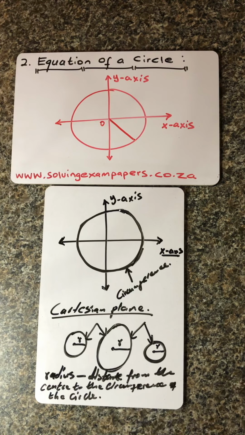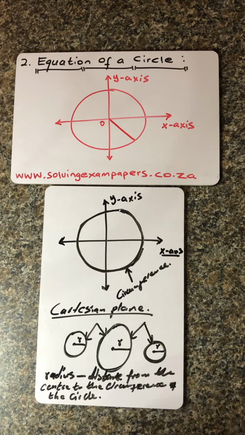It won't happen, but for your understanding, it's very much important that you understand the definition of a radius. In short, the radius is the distance from the center of the circle to the circumference of the circle.